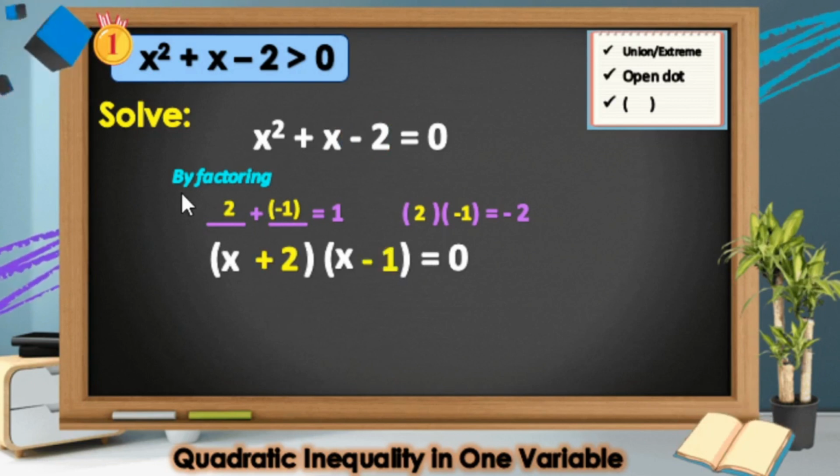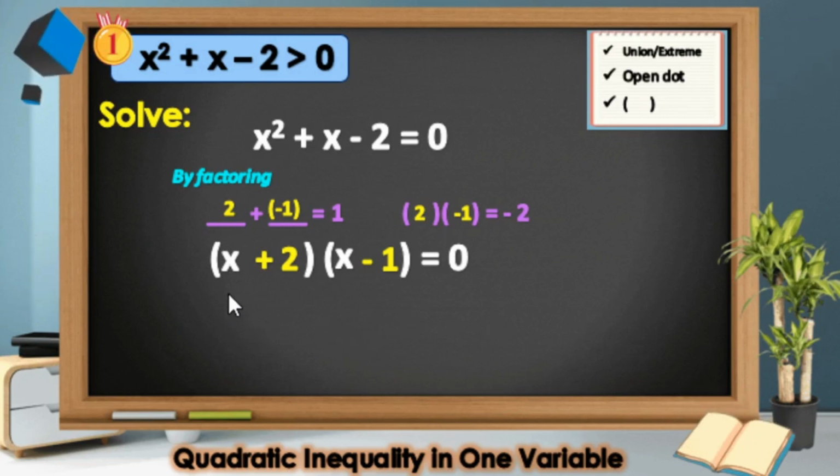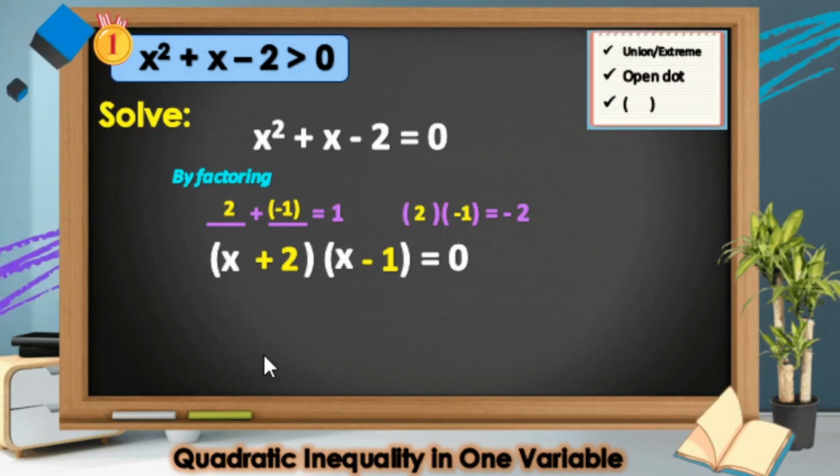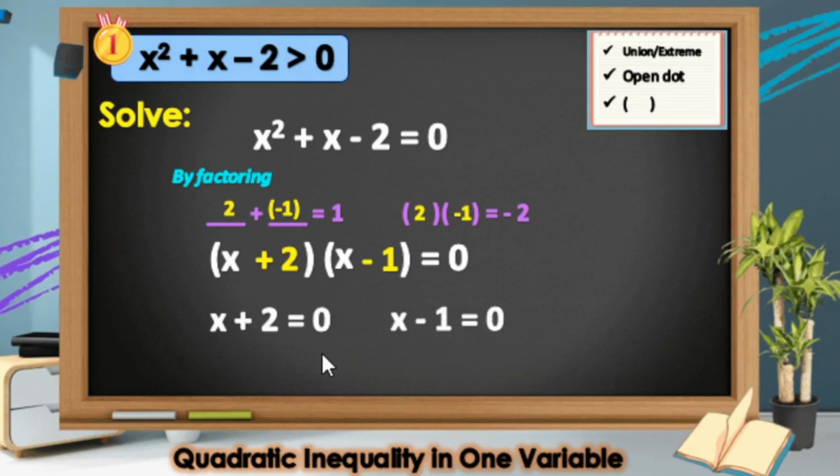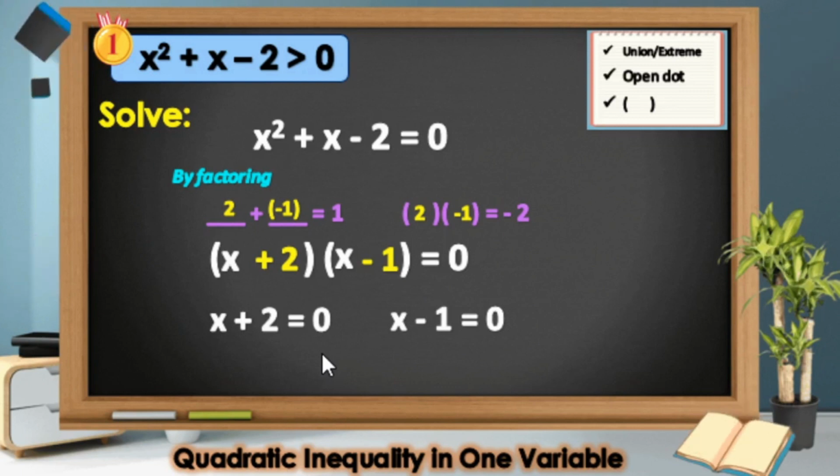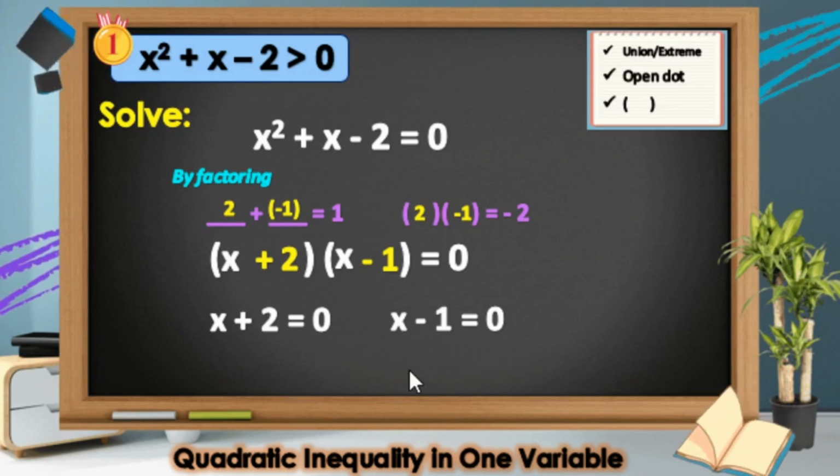So, ang factor ng x squared plus x minus 2 is equal to 0 ay x plus 2 times x minus 1 is equal to 0. And then, we have to equate this equation, no? So, yung tinatawag nating zero product property. So, magkakaroon tayo ng x plus 2 is equal to 0 and x minus 1 is equal to 0, or pinaghiwalay natin.